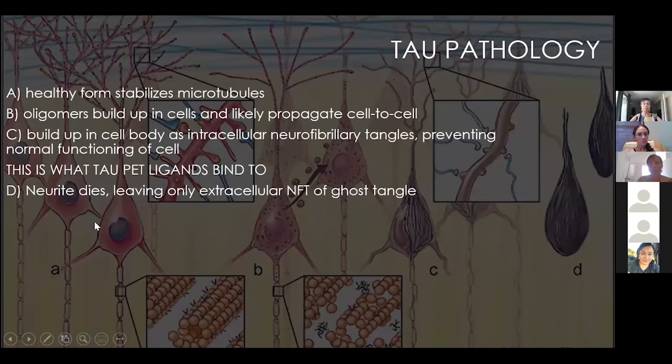So to talk a little bit about tau and tau pathology. Here at stage A, in the background, are nice healthy brain cells, and tau is stabilizing the microtubules of the cell. So it's actually a really important protein. And then the oligomers of tau tend to build up in the cells, and we think that they propagate cell to cell.